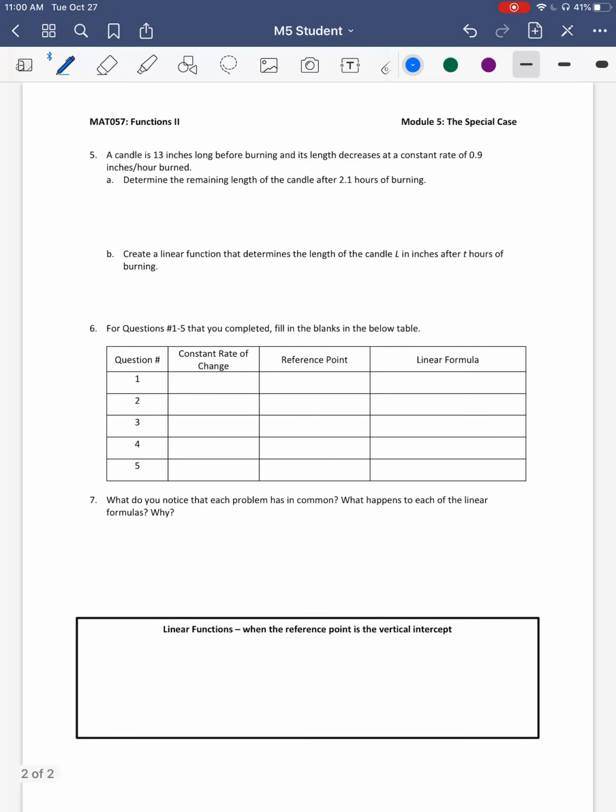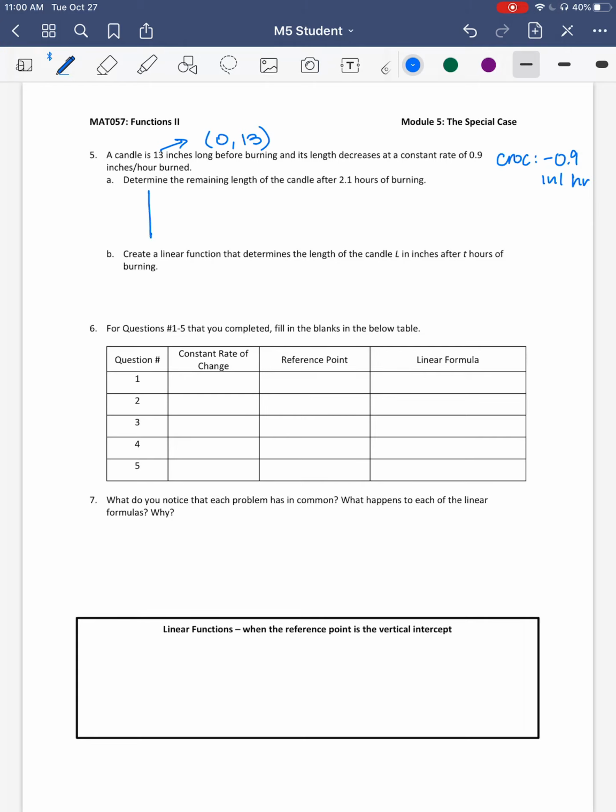If we keep going, number 5 says a candle is 13 inches long before burning. Its length decreases at a constant rate of 0.9 inches per hour. So my crock is negative 0.9 inches per hour. This means that if we haven't burned it at all, it is 13 inches long.